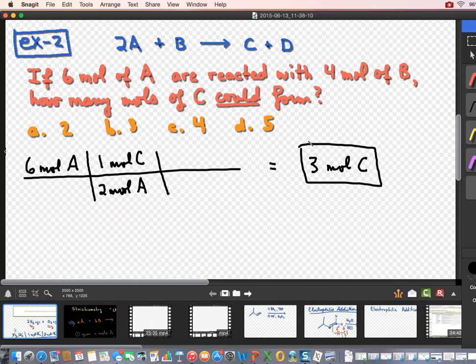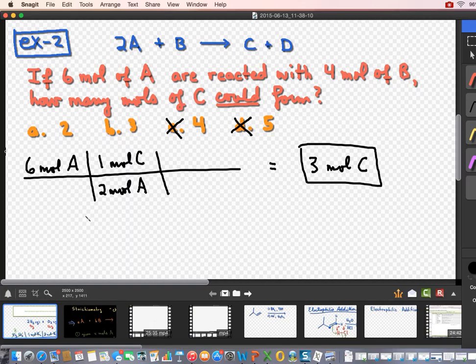Because if B results in more moles of C than 3, 3 is still going to be our answer. So we can now eliminate answer choice C and answer choice D.